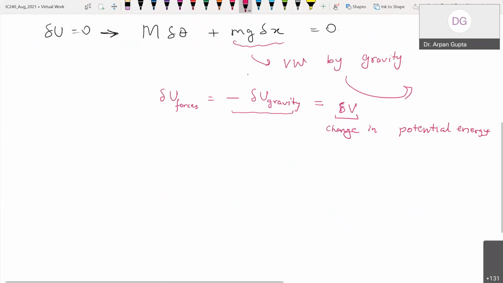So now what we can do is, instead of writing the virtual work done by gravity, or later on we will also include springs into the system. So let me write it down.